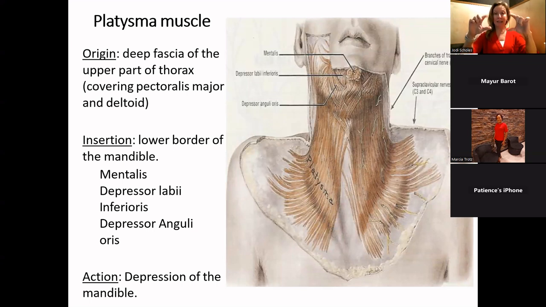When it contracts, you can just see here, when it contracts, it depresses the jaw, the platysma muscle. Makes me think of a platypus. Kind of looks like a platypus's tail, right? Platypus is kind of like a beaver, has a big flat tail. It's a big flat muscle.